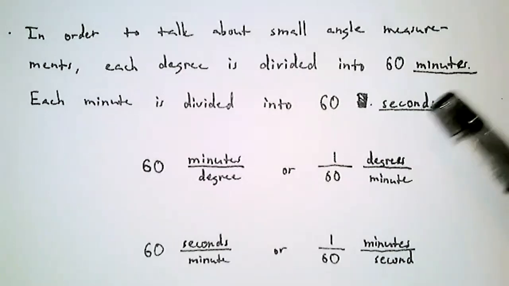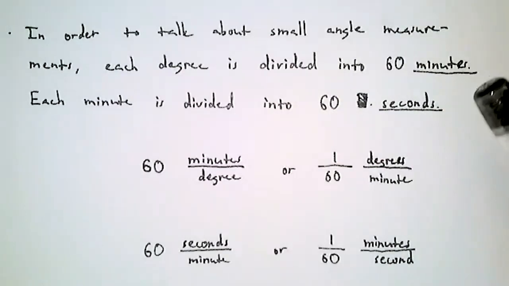So these are really old ideas. I think they were used way back in the day when people were navigating on the ocean using the sun. And they had this idea of minutes and seconds to divide up angles so they could figure out where they were on the planet. But we also use them here in our trigonometry or geometry class. And let's just talk a little bit about what they are.